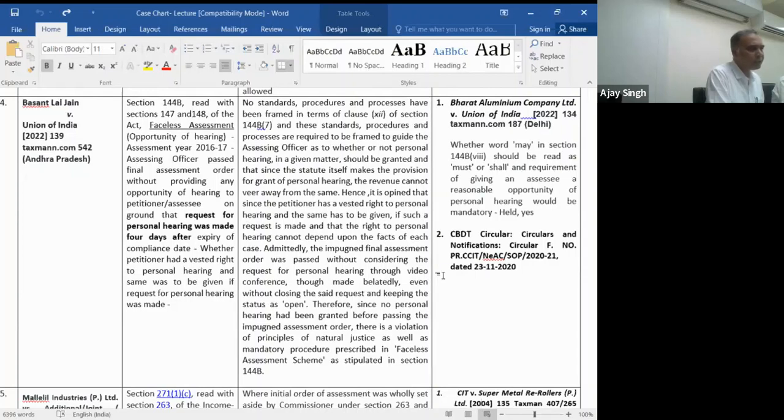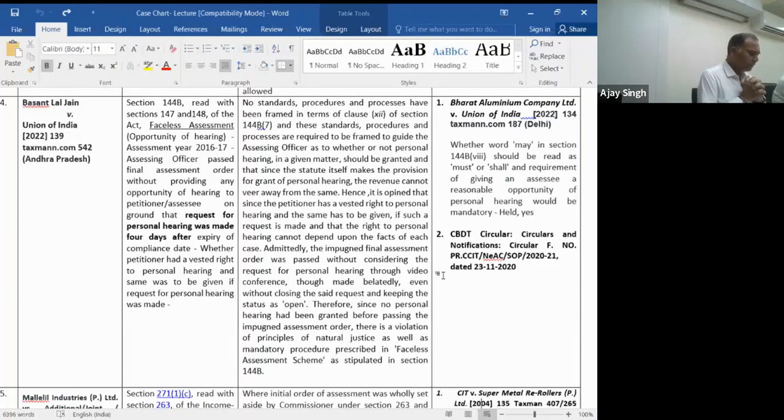So this was a decision in context to, one second, yes, this decision was again in context to faceless assessment, where reassessment proceedings were going on.